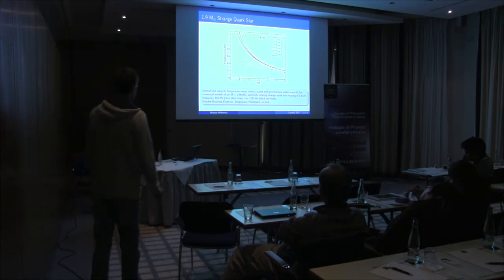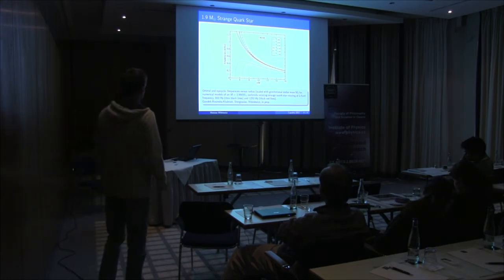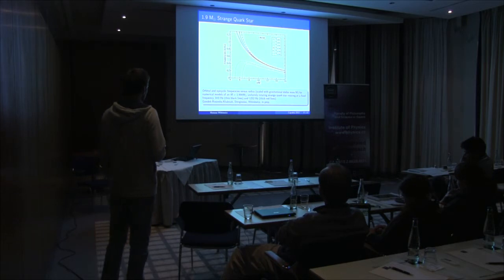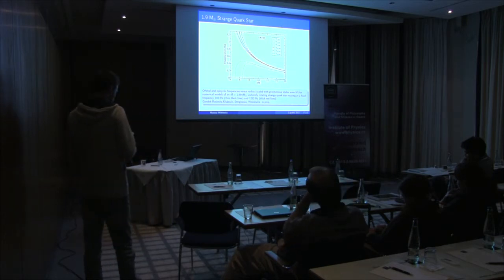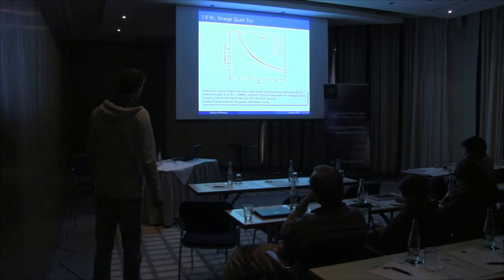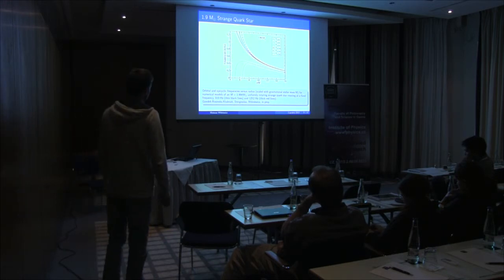This is the same plot, but for a mass of 1.9 solar masses of strange quark stars. We see that we have the same effect for a rapidly rotating strange quark star.